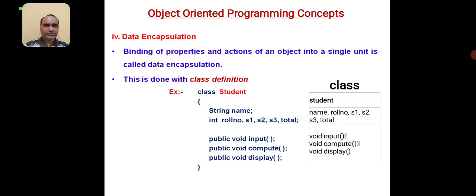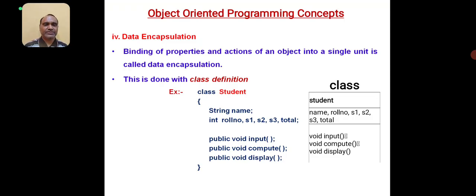So data encapsulation is achieved using the class definition. A class contains variables and its associated methods inside the class definition. You can see here a class definition for student is given.